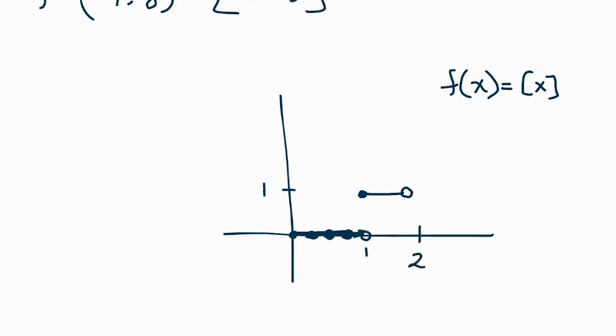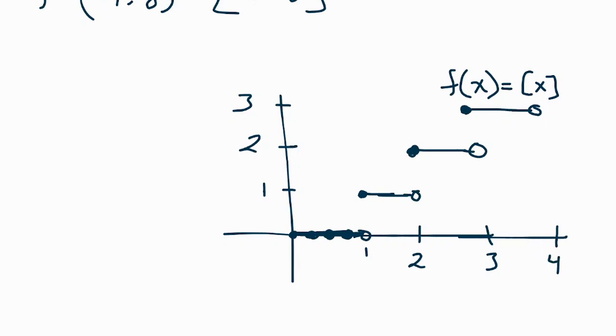And what happens when you get to 2? That's right, it's going to jump to the next integer. So every output is an integer, but it's the greatest integer that's not greater than the value that we're on.